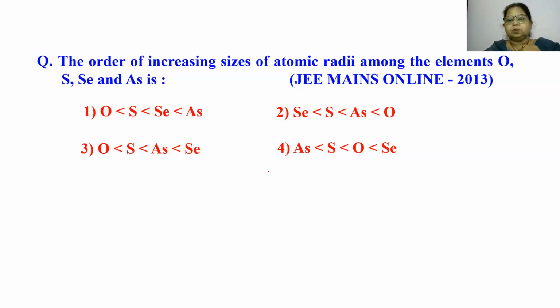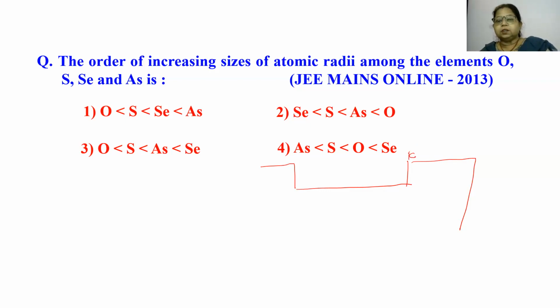If I draw the periodic table, I will say we have boron followed by carbon, nitrogen, then oxygen, then halogen.